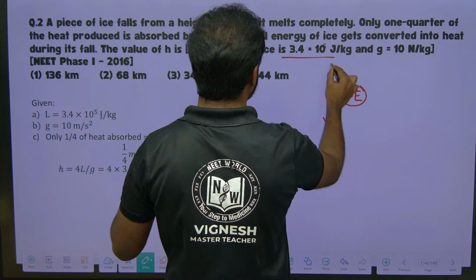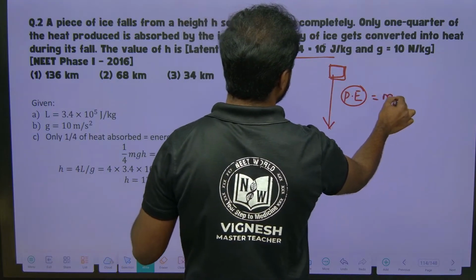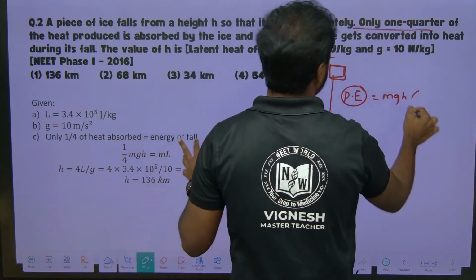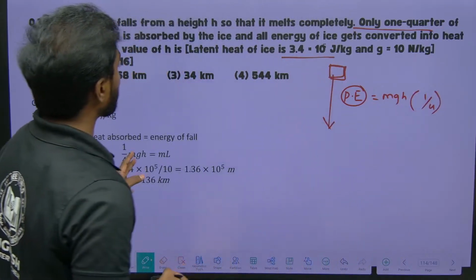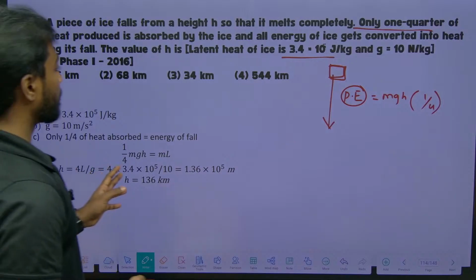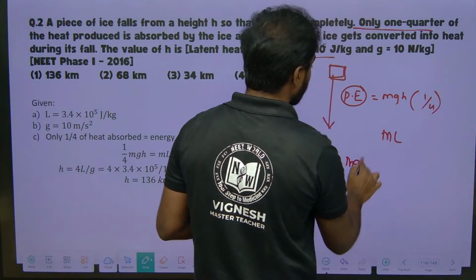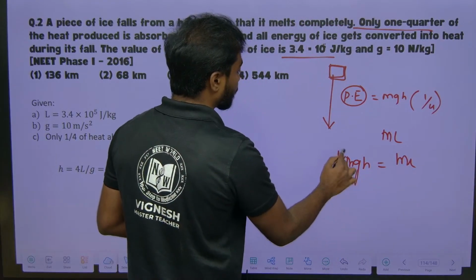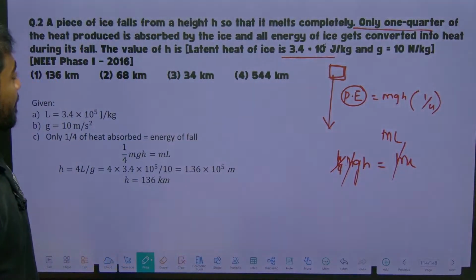Initially it was stored, which means potential energy mgh. Only 1/4 is converted into heat during its fall, which is m into L. So 1/4 of mgh equals mL. The 1/4 cancels, and m cancels.